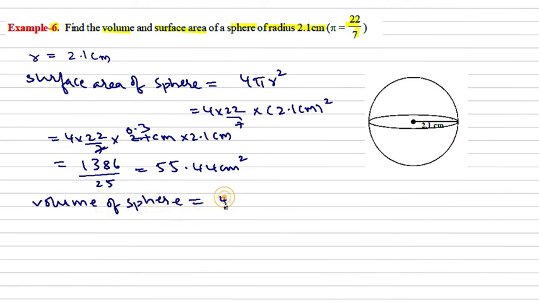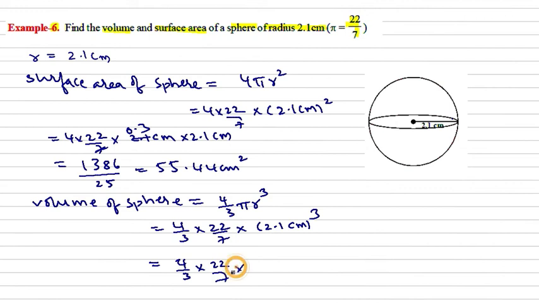We are using the formula 4 by 3 pi r cube, which is equal to 4 by 3 into pi value 22 by 7 into radius 2.1 centimeter whole cube. So which is equal to 4 by 3 into 22 by 7 into 2.1 into 2.1 into 2.1. So if you are simplifying, we are getting 38.808 centimeter cube. So this is the answer for this question.